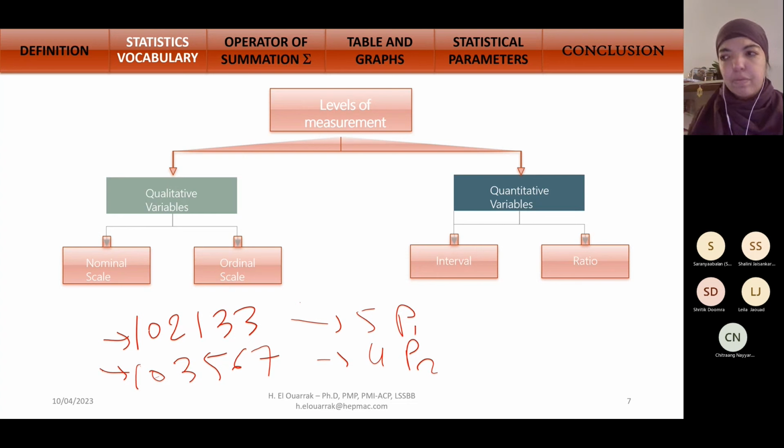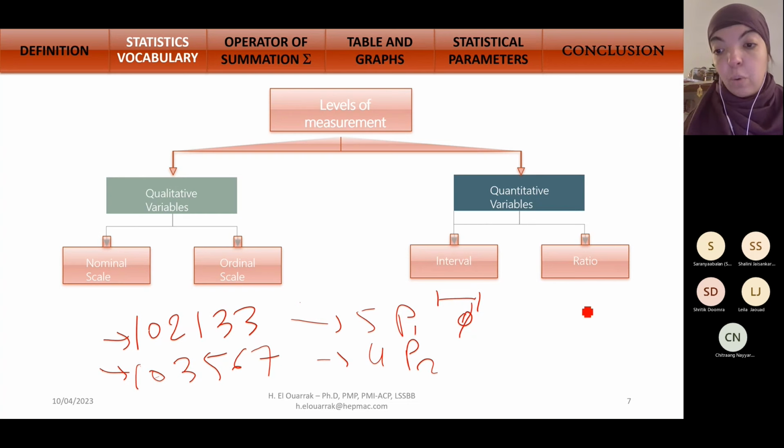I think it starts with 32, the smallest one, and then it goes up to 40 something. So it can't start from a 0. It has to start from 32 or 30, because that's the nature of an interval. It goes from a certain value to another, and the 0 doesn't make any sense.